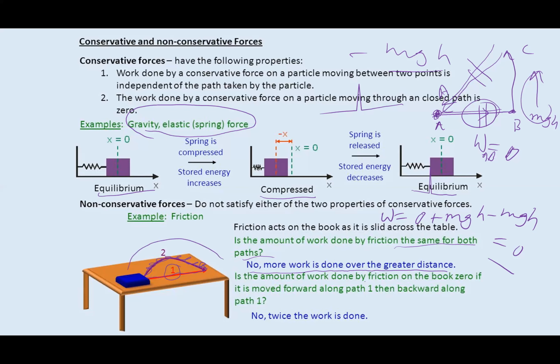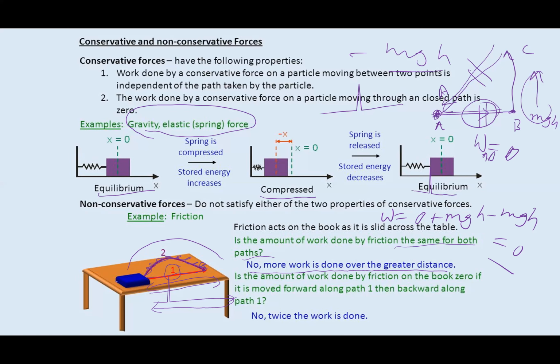Is the amount of work done by friction on the book 0 if it is moved forward along path 1, then backward along path 1? No, twice the work is done. If you push the book and then bring the book back, let's say 1 joule of work is done going, then bringing back 1 joule more work is done. So a total of 2 joules of work is done.